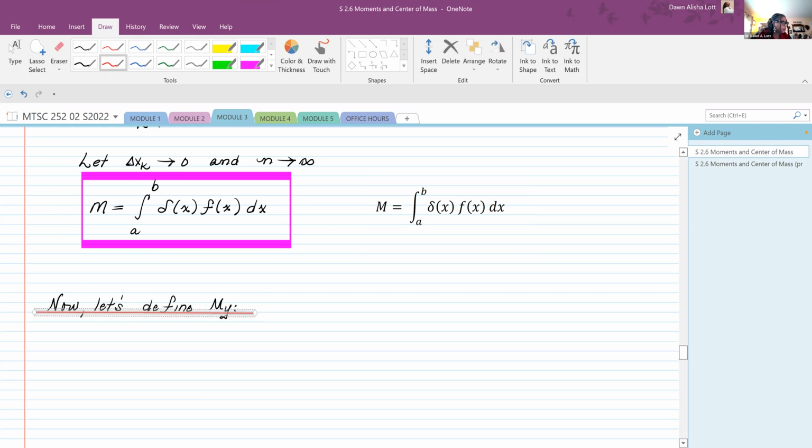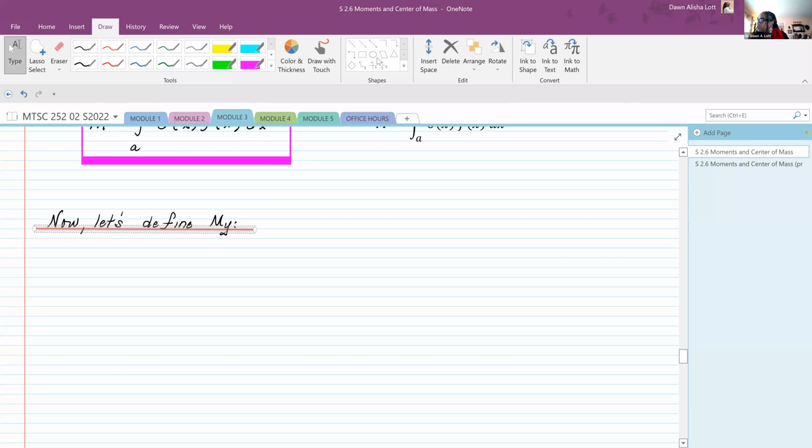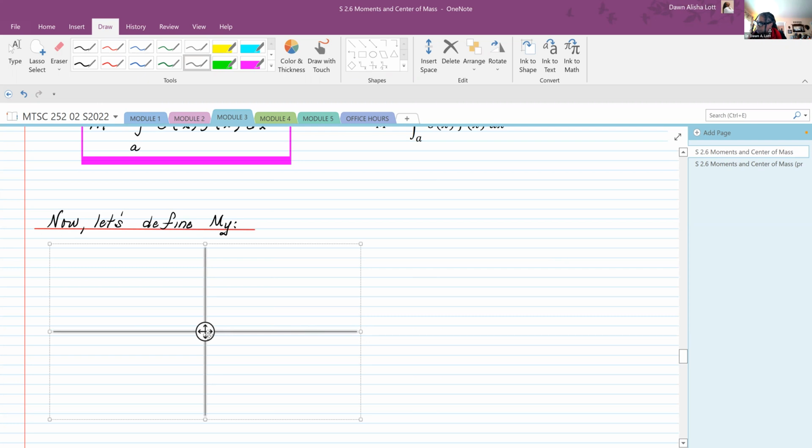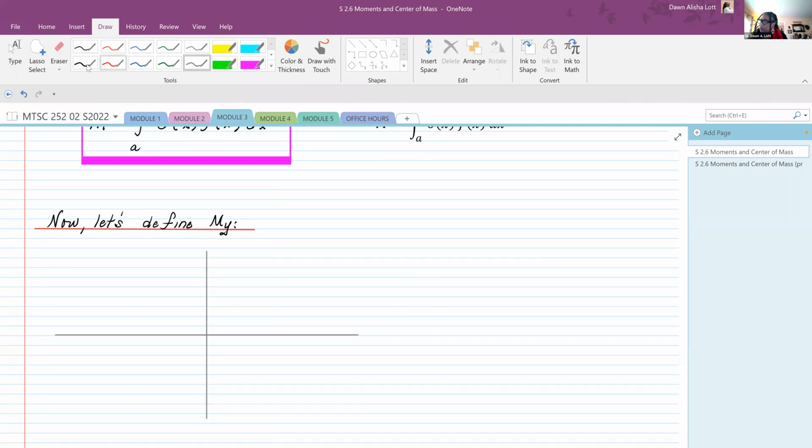I'm going to draw a very similar picture to the one I just had. Not sure how much of this I'm going to get done before time runs out. So here's my, and I think I drew it in blue. So this was y equal to f of x.